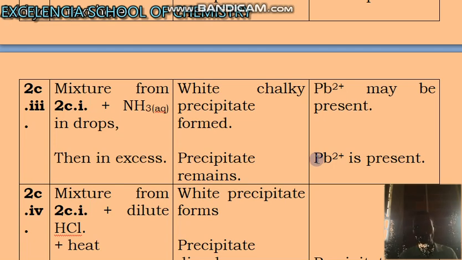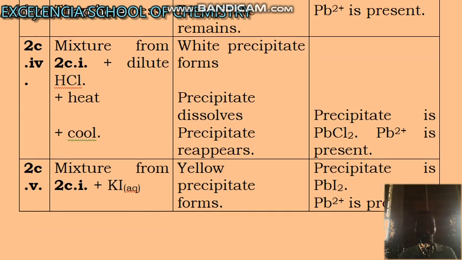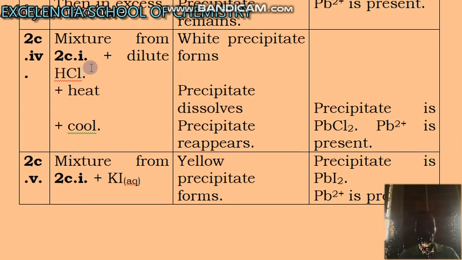You might be asked to use the same mixture from 2Ci, you add dilute HCl there, you heat, then you cool. Yes, there will be a white precipitate formed, and the precipitate will dissolve on heating, and it will reappear on cooling. That shows that the precipitate is lead(II) chloride, and at that point you confirm that lead(II) ion is present.